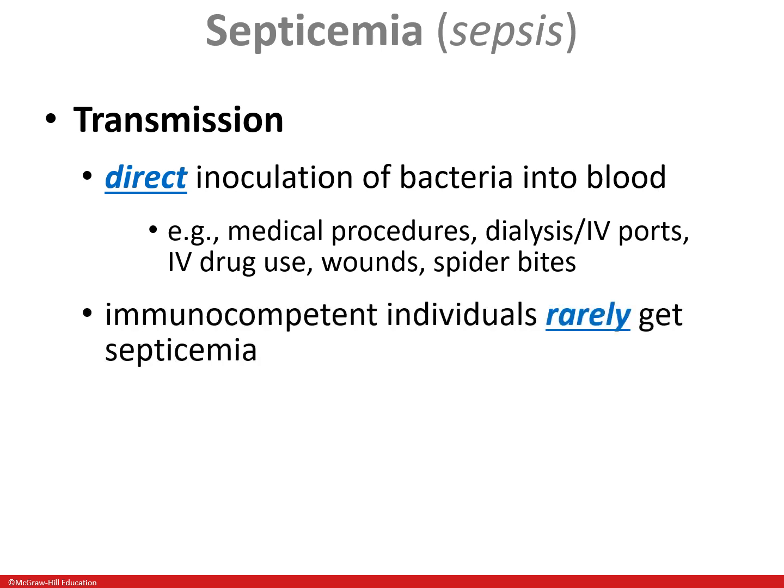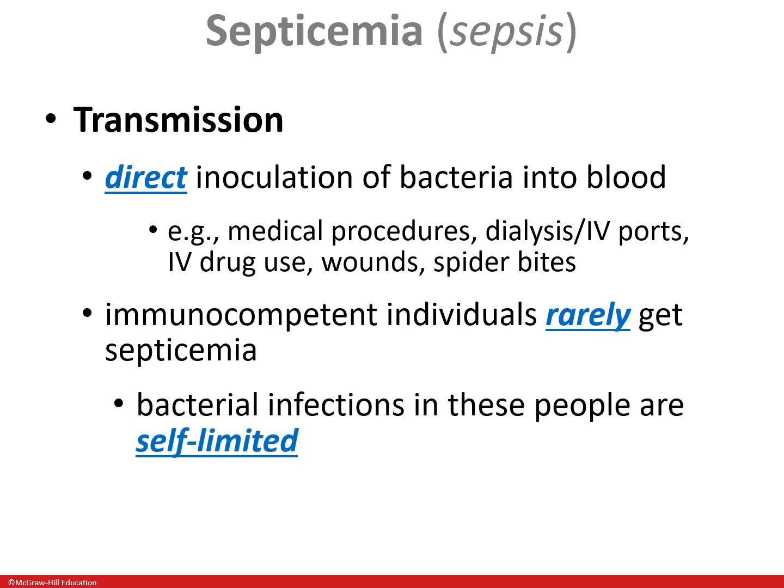Typically, if you're immunocompetent, meaning you have a healthy immune system, you won't see septicemia in healthy patients because they're going to be what we call self-limited infections, meaning the lymph nodes are going to catch the organisms if they find their way into the blood. And so very oftentimes sepsis is associated with immunosuppression or other conditions.